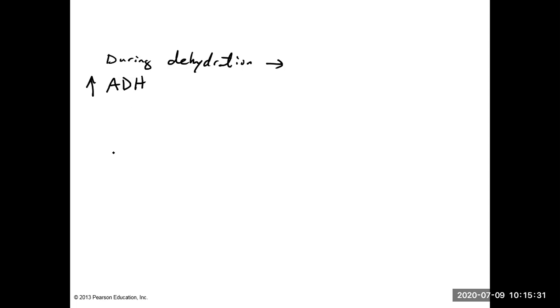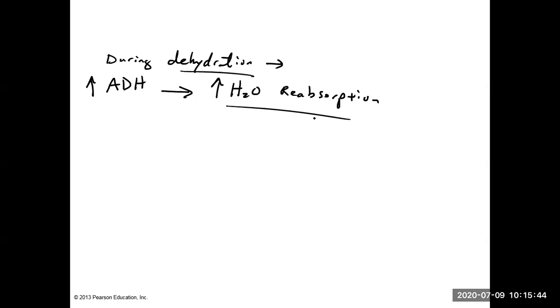More ADH is going to be released, and as a result of that, more water reabsorption. And that's what we want because we are dehydrated. We want to reabsorb the water better, and as a result of that, you're going to have lower urine output.